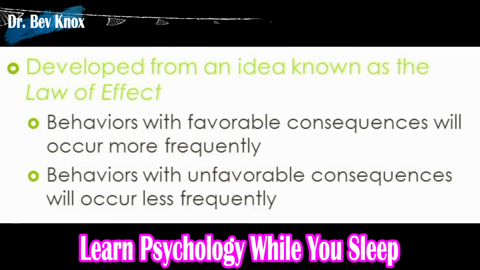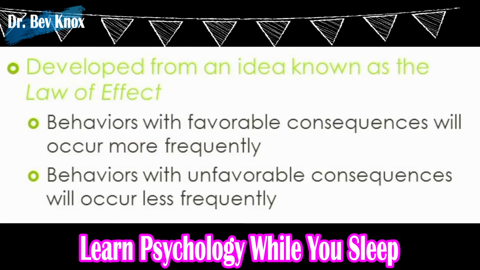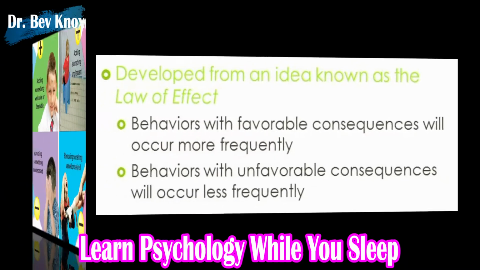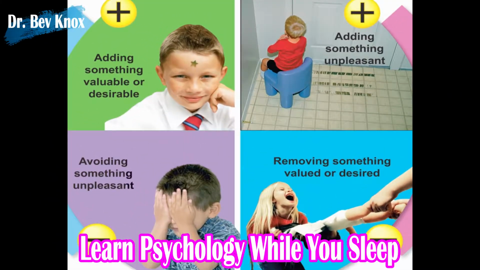Primary reinforcers are rewards that are naturally effective without previous experience because they satisfy a biological need. Secondary reinforcers begin to act as if they were primary reinforcers through association with a primary reinforcer.